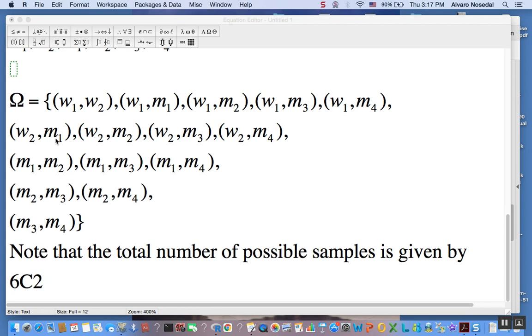W2 and M1 is the same as M1 and W2. Order doesn't matter in this case. So using combinations, we're going to be able to find the different samples that result from this experiment. Make sense? Okay.